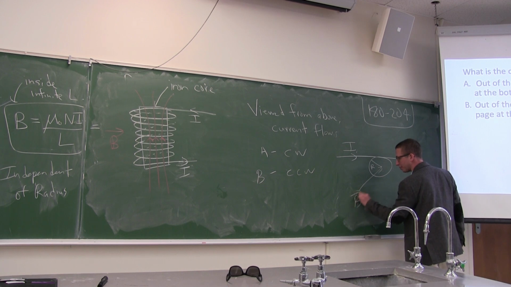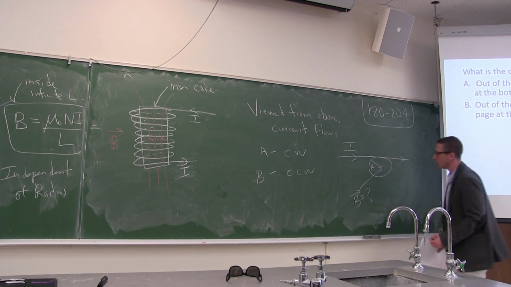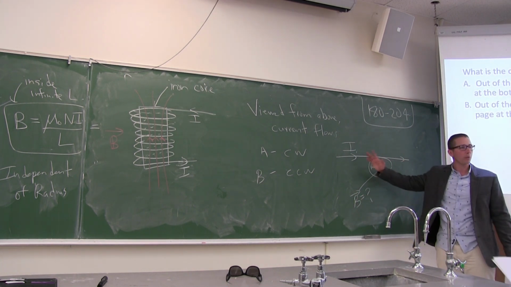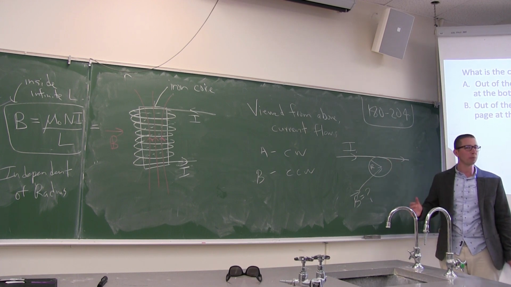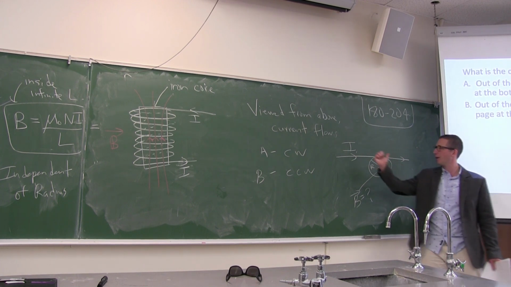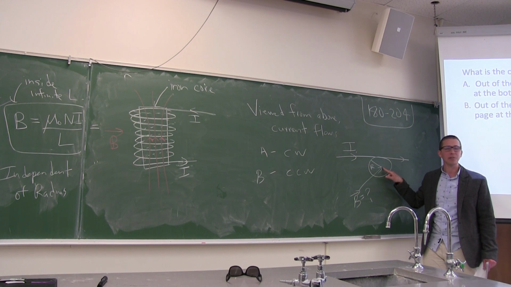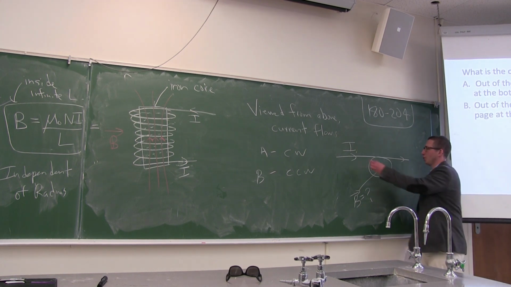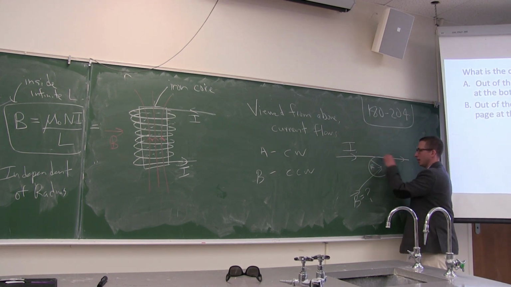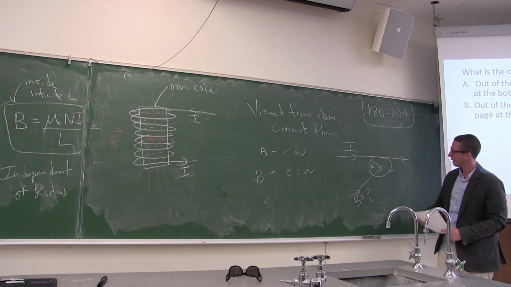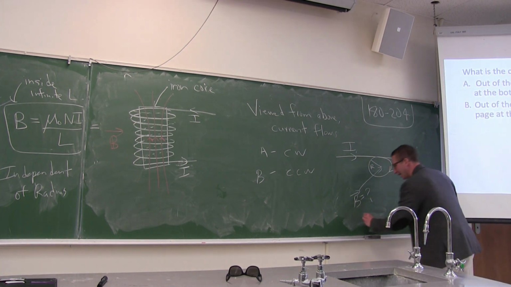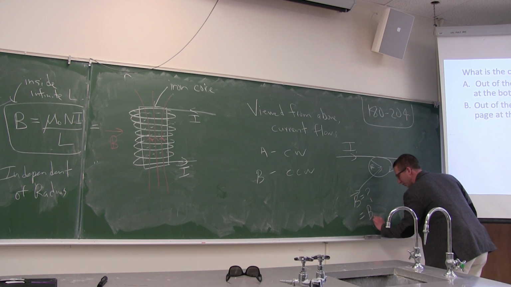If I was to ask for the magnetic field at the center, the way that we would do this is we would use the superposition principle. We would say the magnetic field at the center here is due to the long straight wire and the loop.